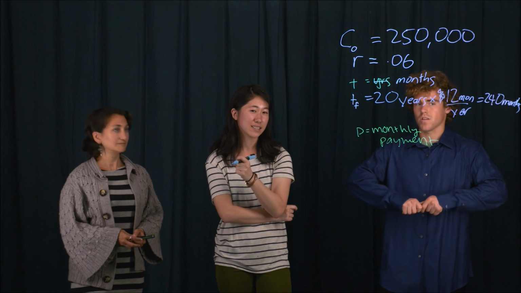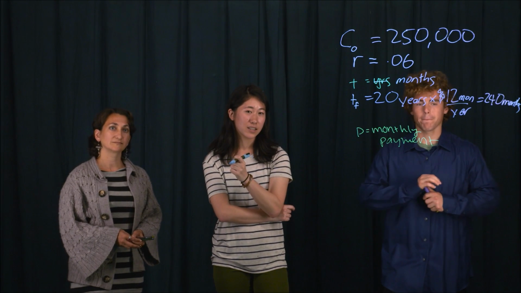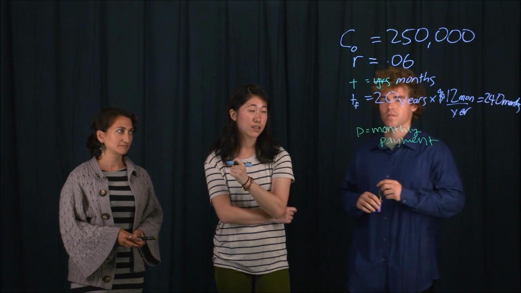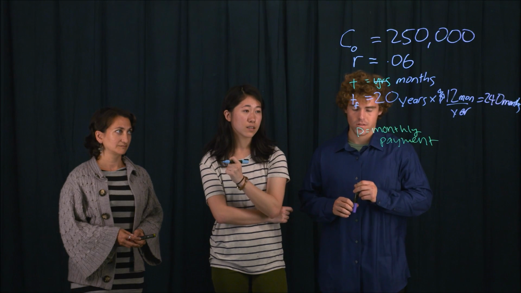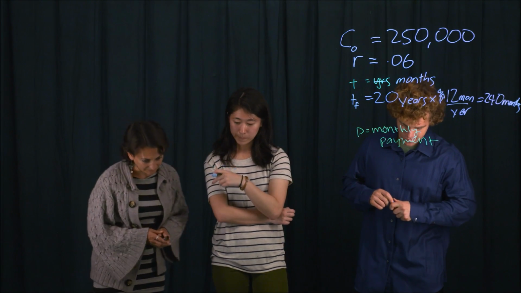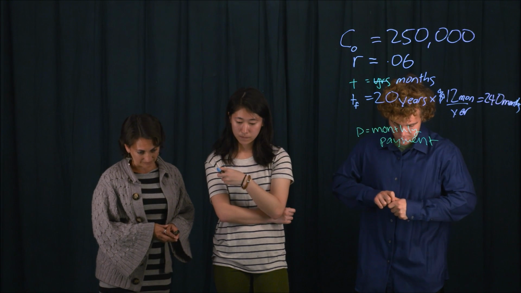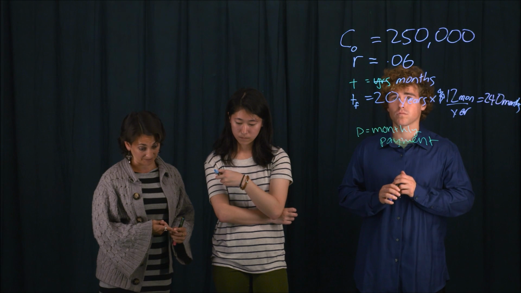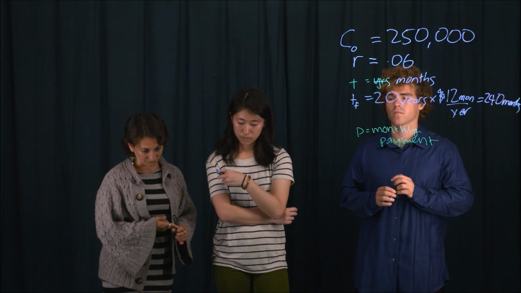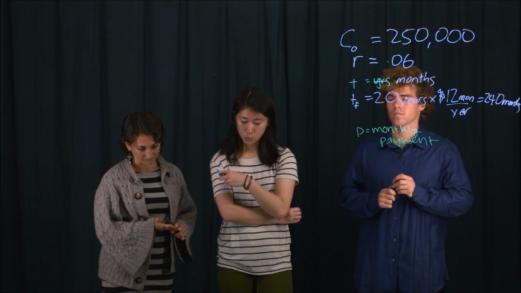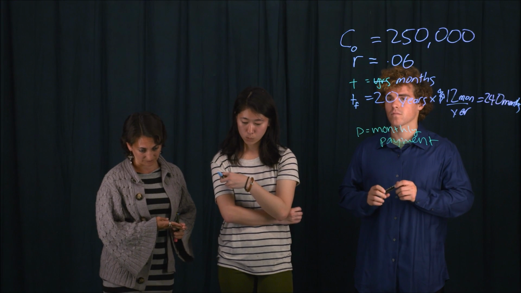Well, let's leave it as what it is. What other variables do we have in this question, Ruby? Well, we have the payment and the interest rate and the fact that it's compounded continuously.